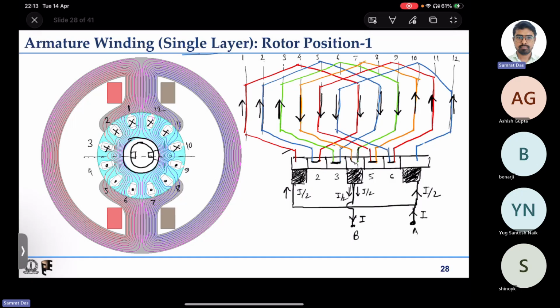From there it goes, it comes back. So this is how the segments are. So this is the actual brush location, let us say, and it is touching segment 1, and the other brush is touching segment number 4, and in between we have these segments which are not touched, which just act as the shorting path for the winding.